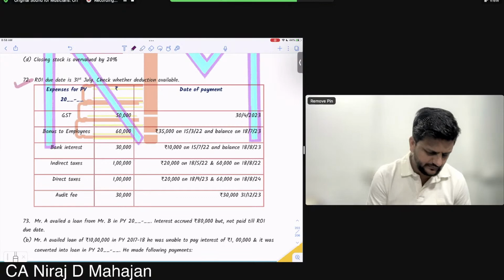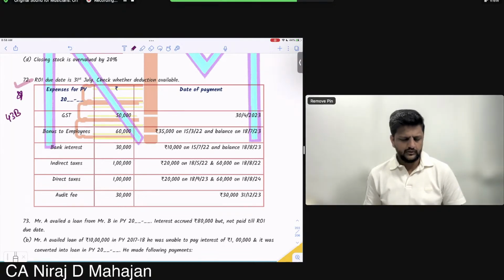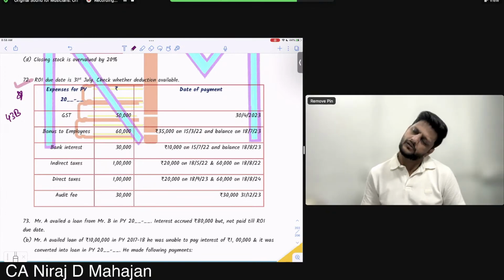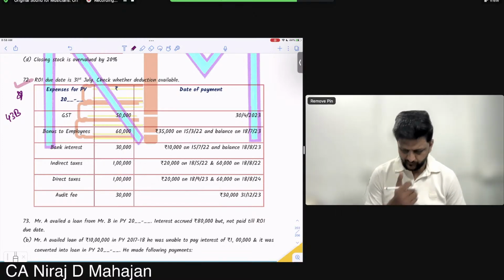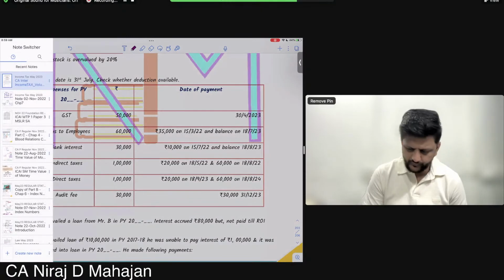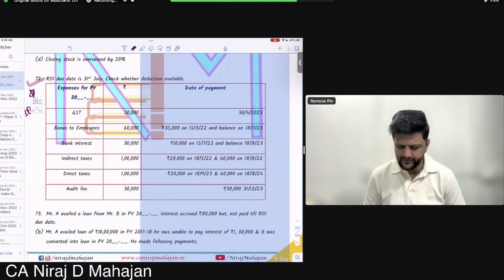Star mark for 43B. Done till here? Interesting, good question. Okay, 73.